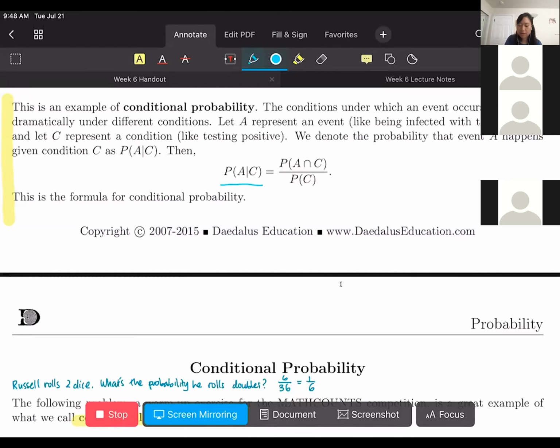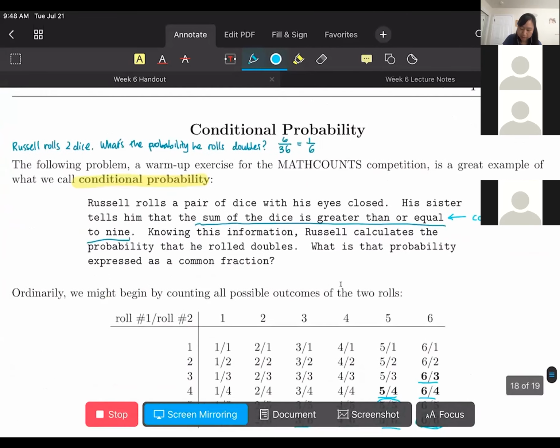And then the way that we compute this is we take a look at the probability that both events happen. So what's the probability that A happens and C happens? And we divide that over the probability that C happens. So for example, in our rolling dice example, I'll go back here.